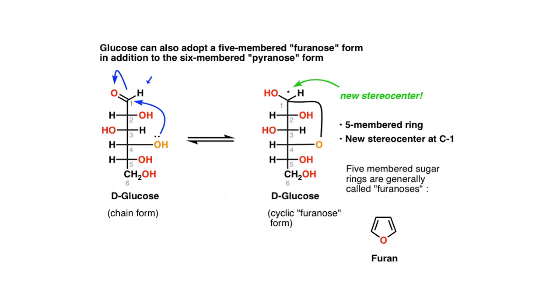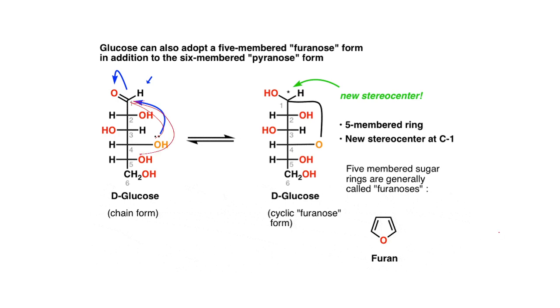So glucose can adopt a 5-membered furanose form in addition to the 6-member pyranose form. If it is attacking from carbon 4, then it will form a 5-member ring. If it is attacking from carbon 5, then it will form a 6-member ring.